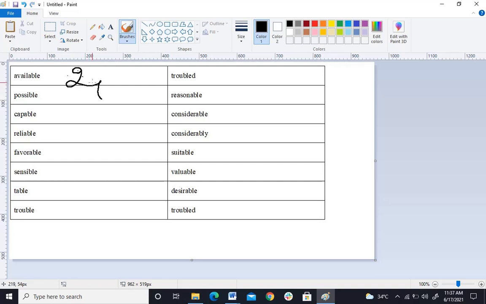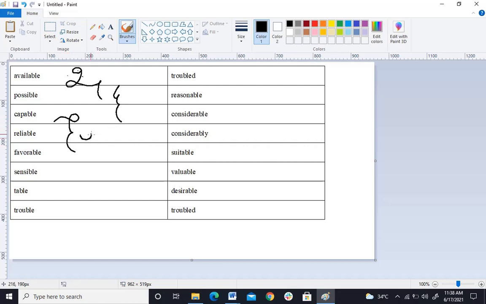Next, possible. Our possible becomes P-A-S-ble. Next, capable. We have K-A-P-ble. Let's repeat: K-A-P-ble. Capable. Next, reliable.